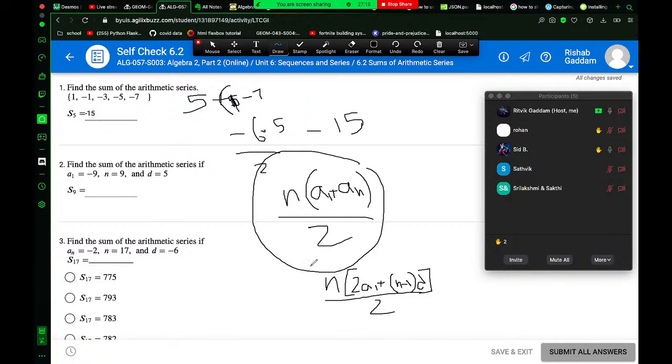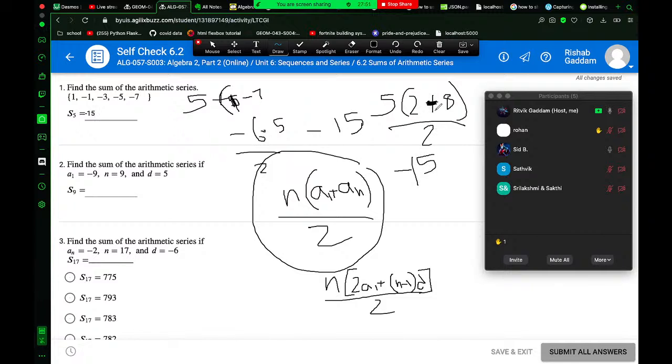First of all, N is 5, like we learned before. And 2 times A1, that's 2 plus, what's this? That's 4. 4 times negative 2, that's negative 8, so that's minus 8, so that's negative 6 over 2, that's negative 3, and negative 3 times 5 is negative 15.